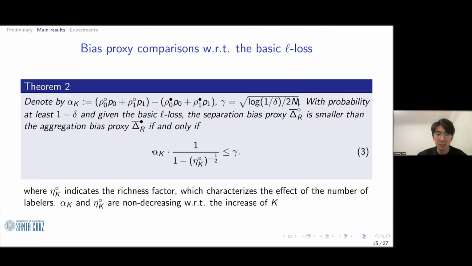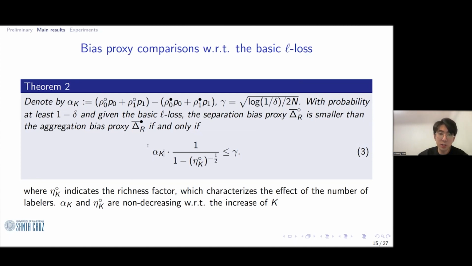The left-hand side has two key items. The first one is alpha K. Intuitively, this one captures the noise level between label separation and label aggregation. Label separation has no denoising treatment, so it will follow the original noise rate, but label aggregation can reduce the noise rate.